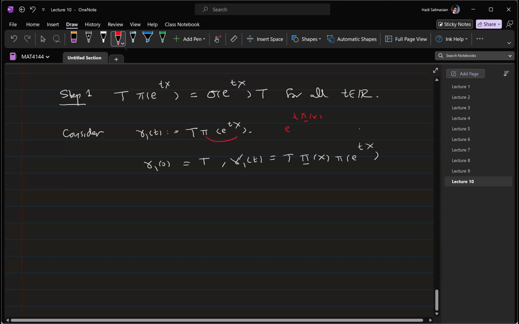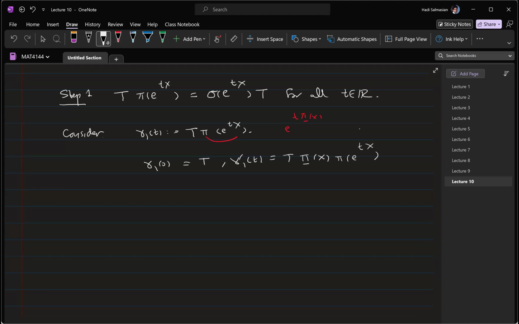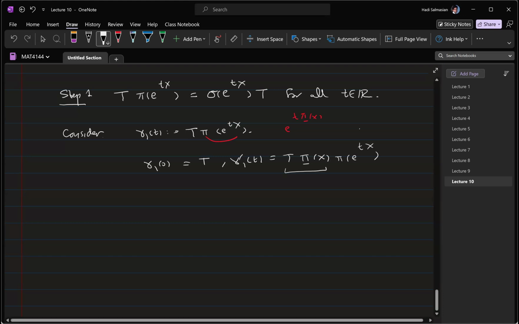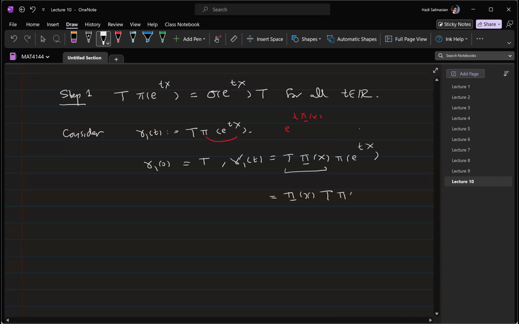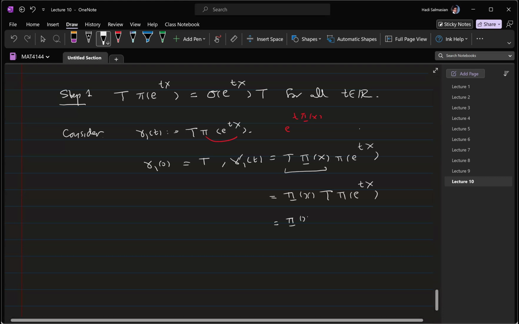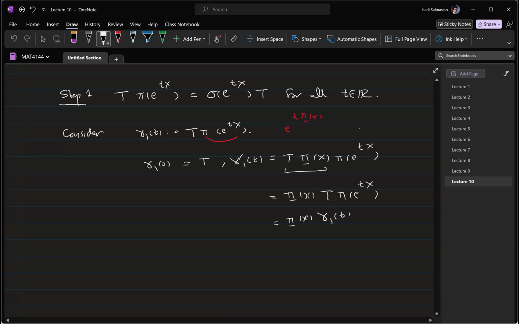Okay, t is not 0 anymore. So what I obtain is pi underline X times T pi of e to the tX, which is pi underline X gamma 1 of t. Okay, so this means that gamma 1 satisfies, so maybe I should say conclusion.